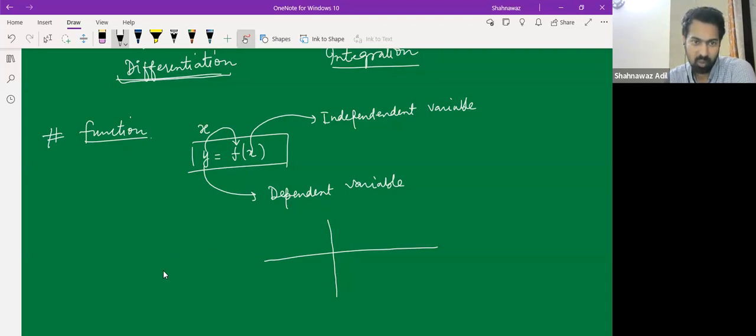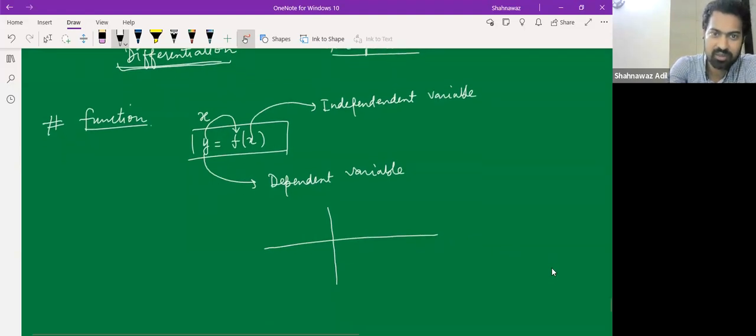Yeah, what is the function? You guys have all done maths, right? So function is the first chapter. Rishita and Afaf, do you guys remember?